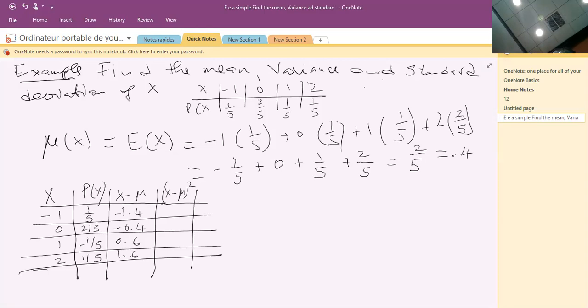Now we do 1.4 squared. Can you use your calculator to find 1.4 squared? It might be 1.96.